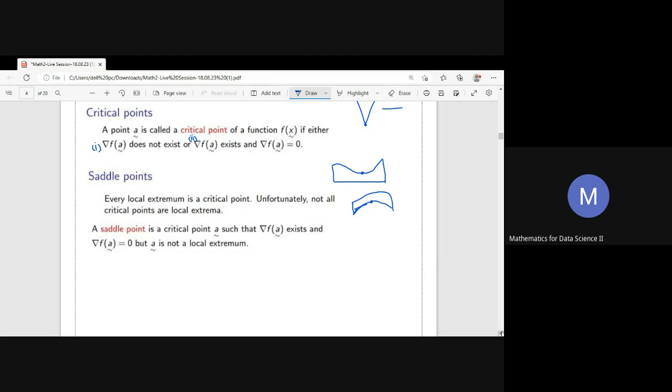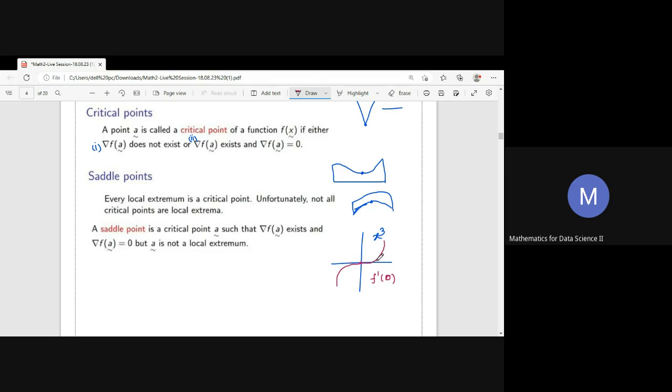For example, in the 2D case, the usual example we consider is the graph of x cubed. Here the derivative of this function at 0, f dash at 0, is 0.